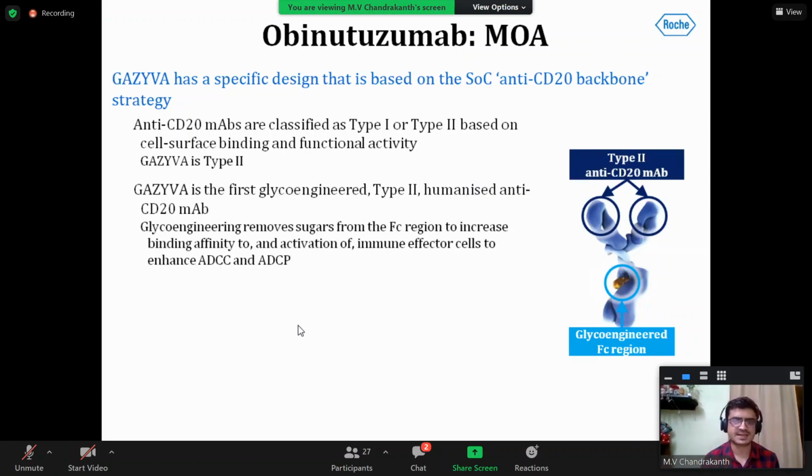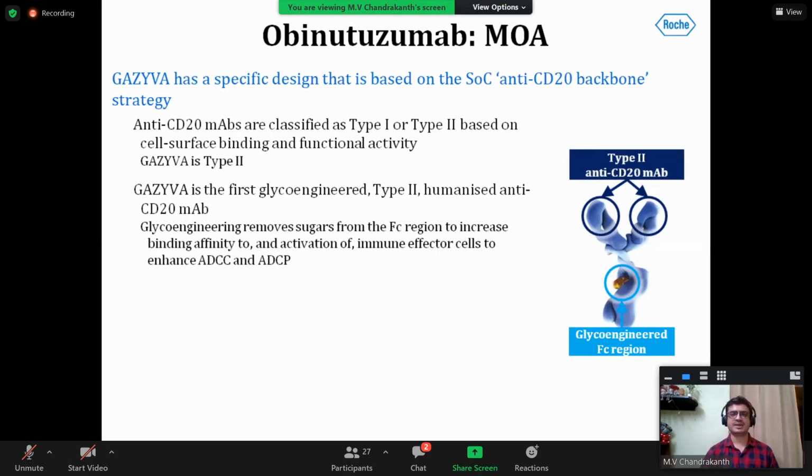Gazyva is the first glyco-engineered type 2 humanized anti-CD20 monoclonal antibody, and glyco-engineering removes sugars from the Fc region to increase the binding affinity to and activation of immune effector cells, enhancing antibody-dependent cell-mediated cytotoxicity and also antibody-dependent cellular phagocytosis.